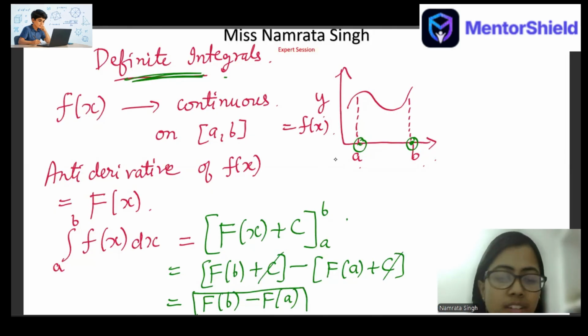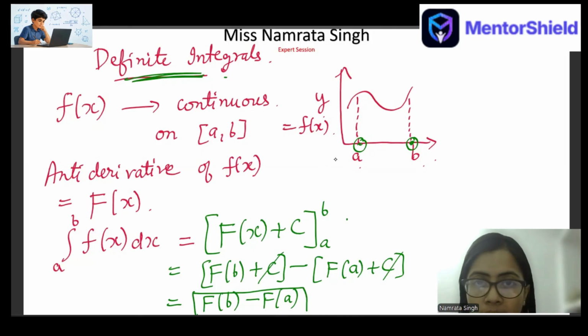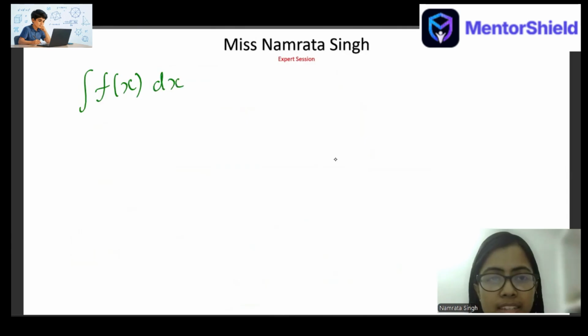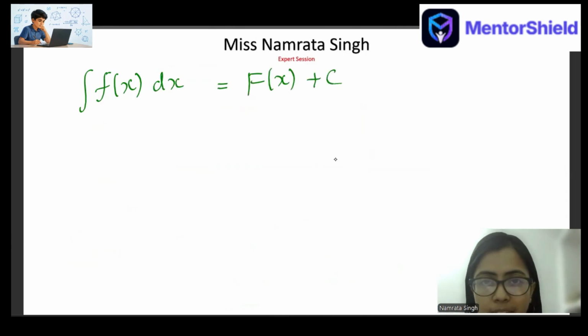But before proceeding further, I would like to ask you one question. What is the difference between a definite integral and an indefinite integral? Previously, when you learned about indefinite integrals, what was the integration of that? It was the integral of f of x dx is equal to capital F of x plus c. Now, if we look at the right hand side, it's clear that it is a function.